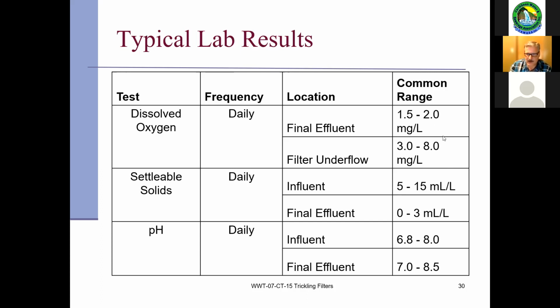So you've got dissolved oxygen that needs to be added, suspended solids, and pH. The pH effect on a trickling filter is the same as the pH effect on an SBR, which is the same as the pH effect on a BNR plant. They're all the same concept, and it's really important to keep that in mind.